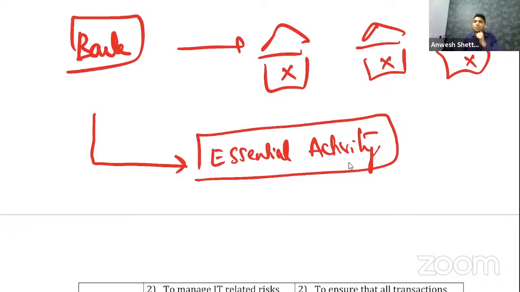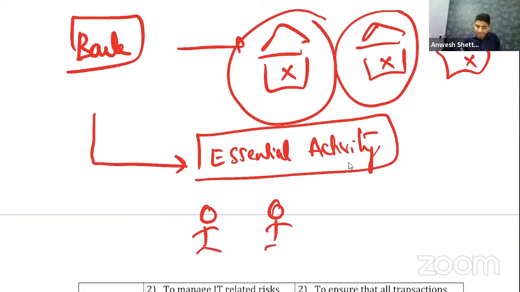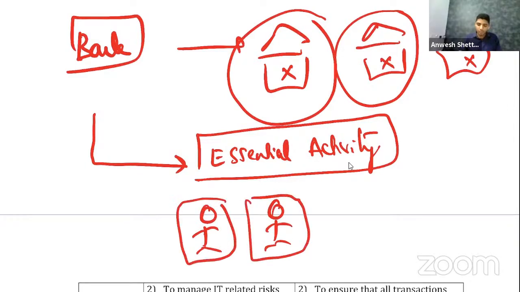Now, how can you do a purchase and sale without being able to make payment? So banking also became an essential activity, but if the banks were in the contaminated area, then you could not have opened the bank. So that means employees could not come back to the bank to work. So you would allow the employees to work from home.